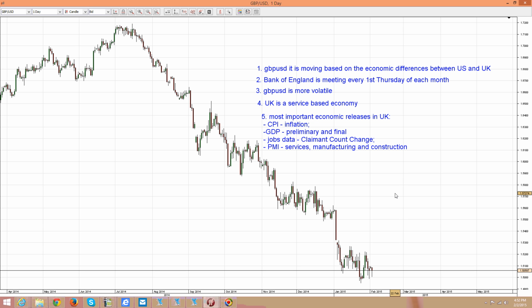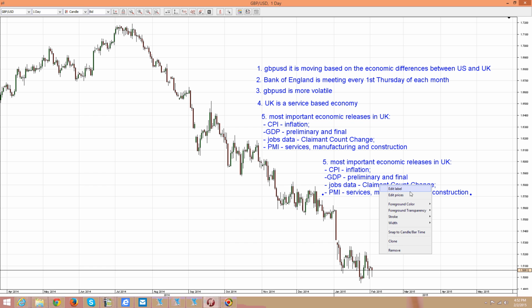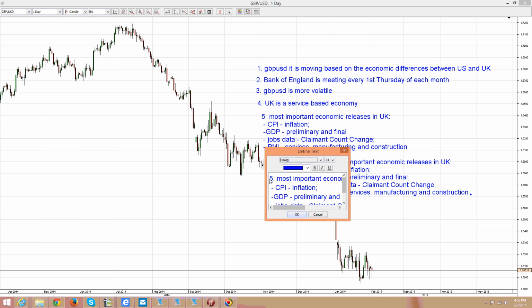How about the US side of the story? Well, like mentioned on the Euro US dollar as well, the most important in the US are the following. The core CPI.